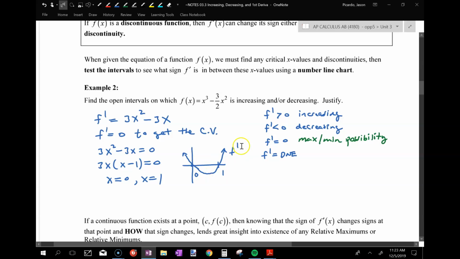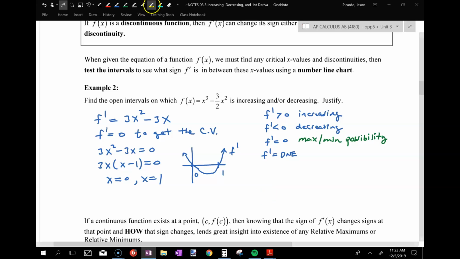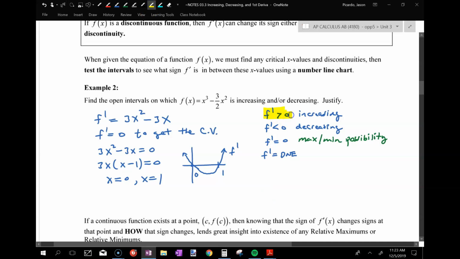Now, again, guys, listen carefully. This is a graph of my derivative. Where is this graph greater than 0? Here and here, right? Where is this graph less than 0?